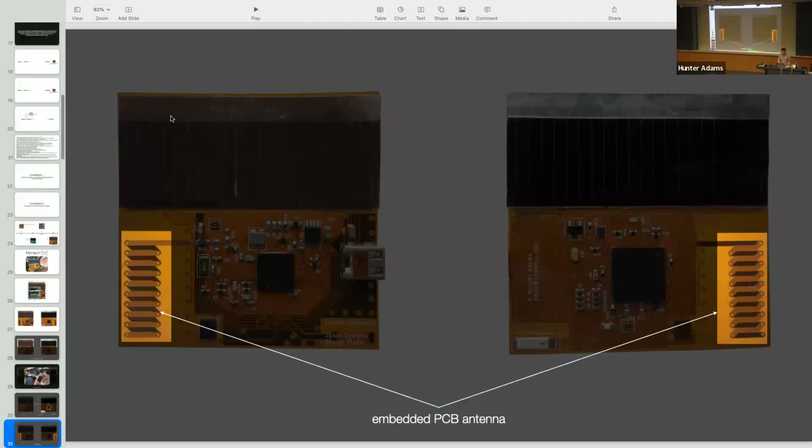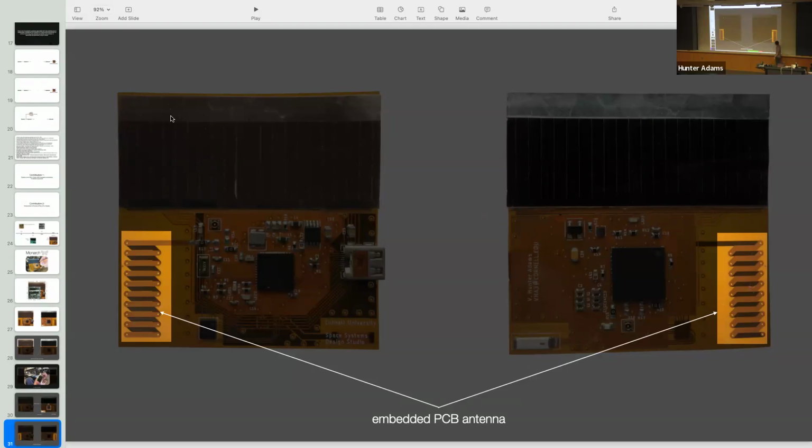It has some other sensors as well. It includes a radio that I can talk about, but rather than using an external dipole antenna, which the previous iterations used, we chose here instead to use an embedded PCB antenna. The thought here, the performance of this antenna was not as good as the external dipole. The gain of it wasn't quite as high.